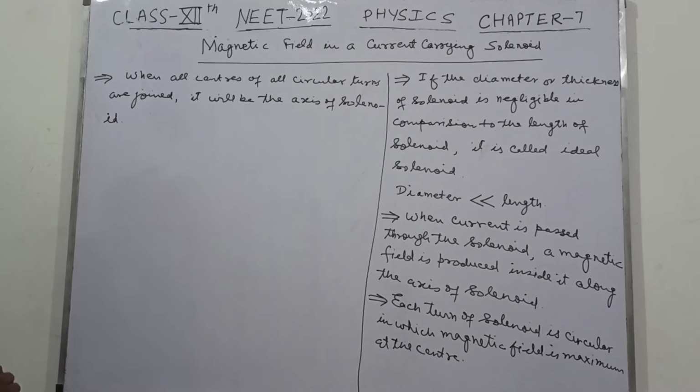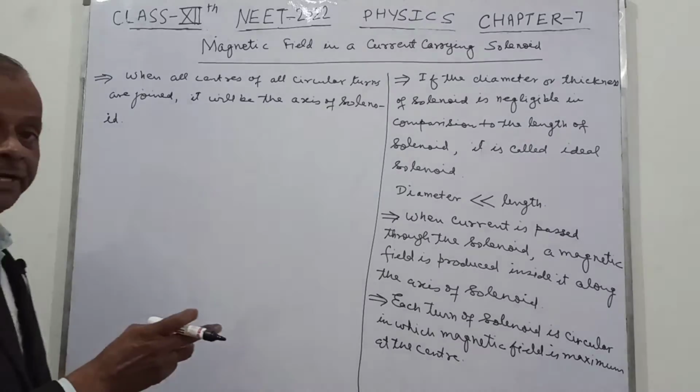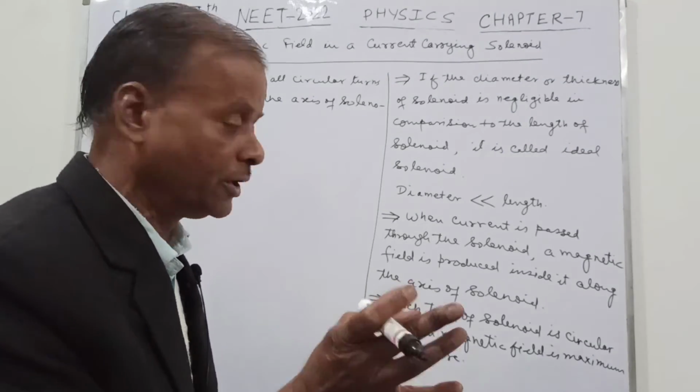So magnetic field due to this solenoid is always along the axis of the solenoid.